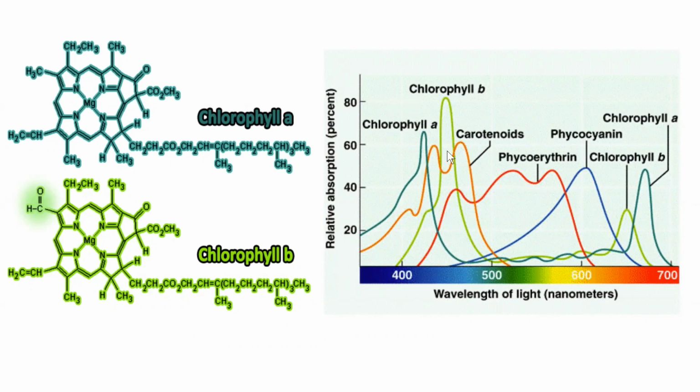We don't go into a lot of detail in it in our book, but there's carotenoids. These are orange pigments like carrots. And then we have other ones like phycocyanin, which is a bluish color. It's common in things like blueberries, but that's actually not what gives blueberries their blue color. The blue color in blueberries comes from a different molecule.